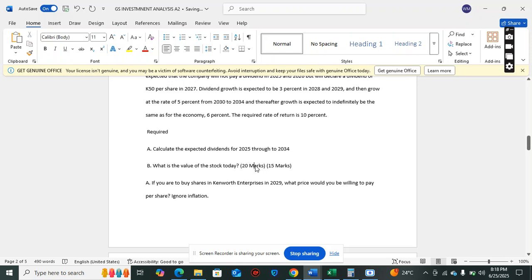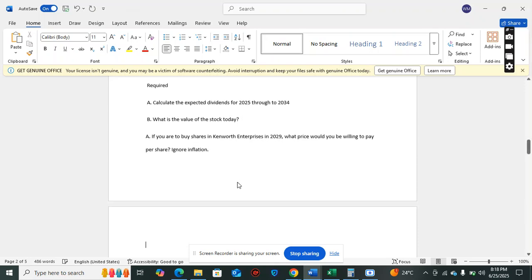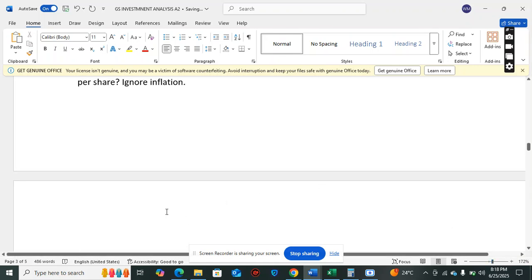All right, colleagues. So the first thing that we need to do is calculate the expected dividends. The way we calculate the expected dividends, this is the formula: D1 equals D0 times 1 plus the growth rate.